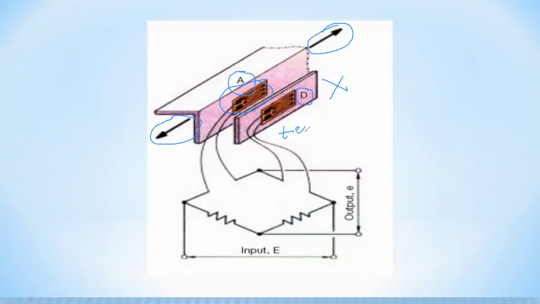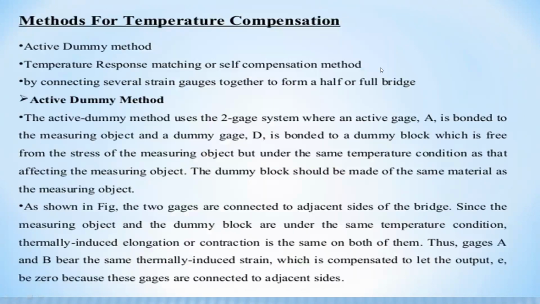We are not applying any type of load on this strain gauge D, but the temperature is varied. Okay, so this is the active dummy method, the first one.